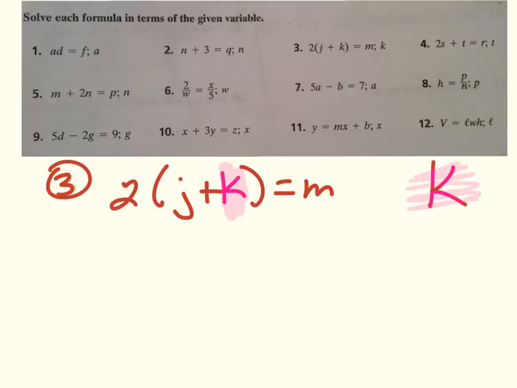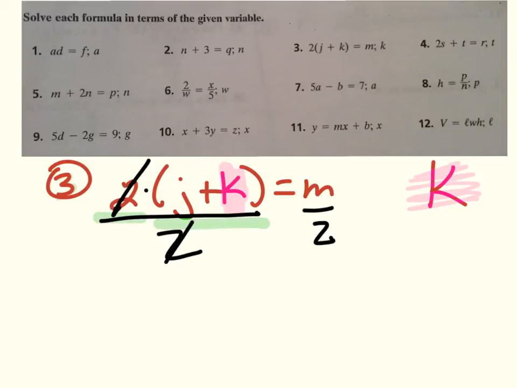Remember, we have two terms: the 2 and the parentheses. So we're going to get rid of the 2 first, since it is two terms. It's 2 times J plus K, so we're going to divide both sides by 2.